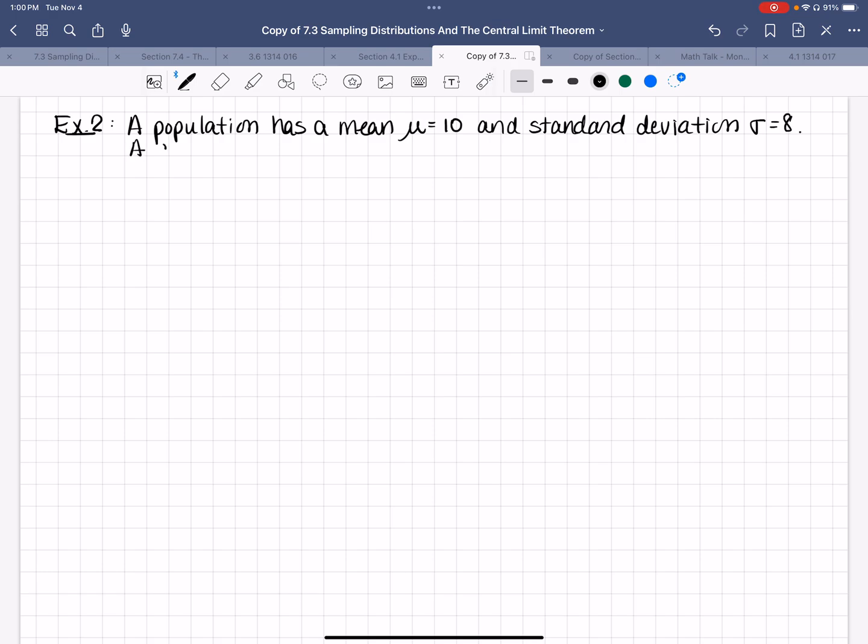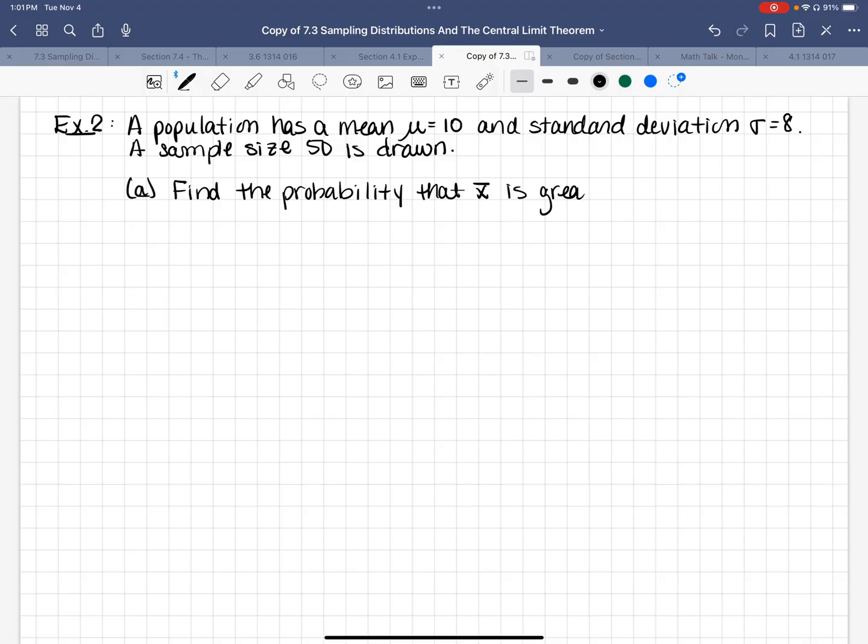A sample size of 50 is drawn. We want to find the probability that x bar is greater than 11.